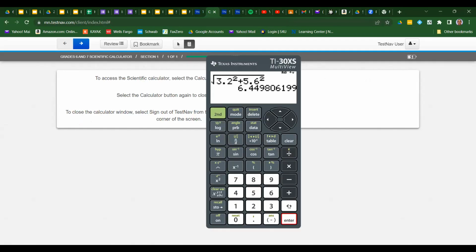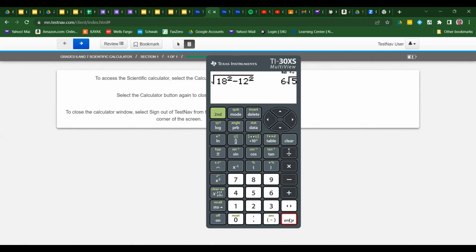We're always going to square the hypotenuse first. In this case, clearing the screen, second x squared. We put in our hypotenuse first. That was 18, the longest side, x squared. We're going to subtract, this time, our shorter side, which was 12, x squared.